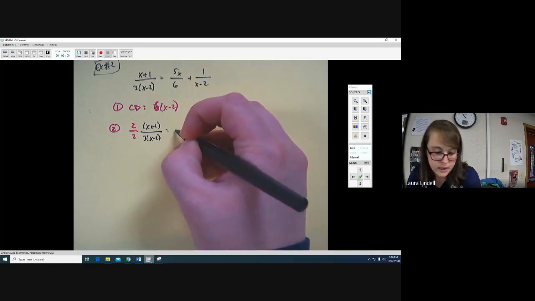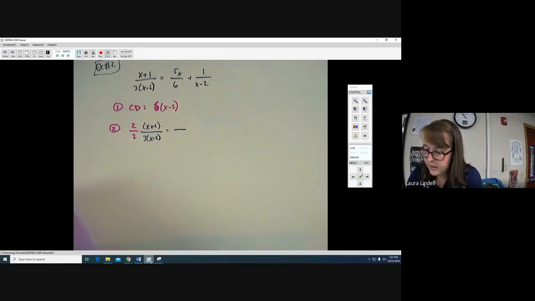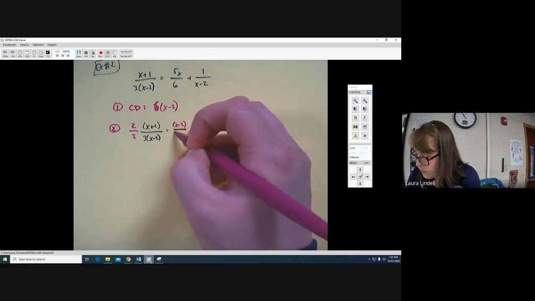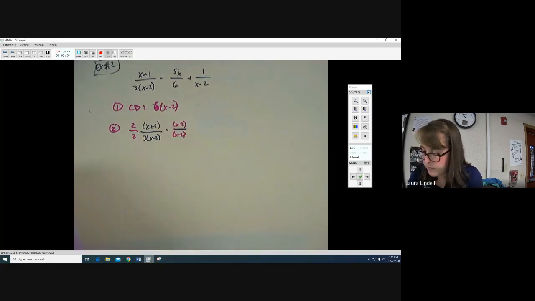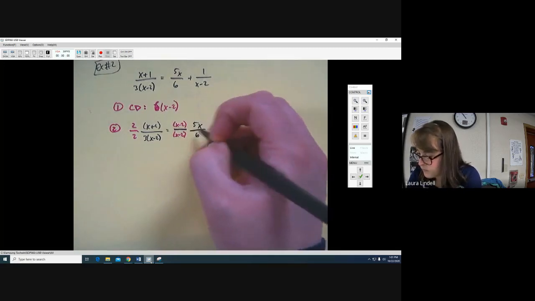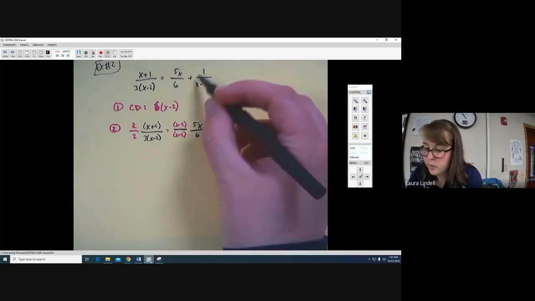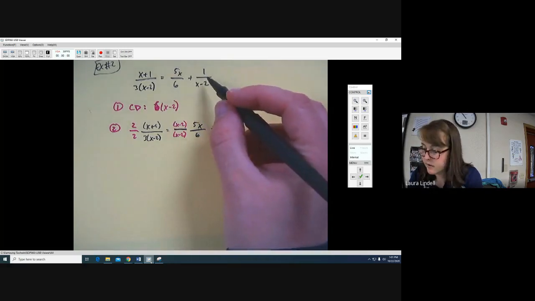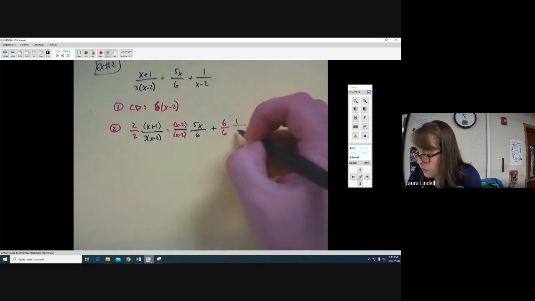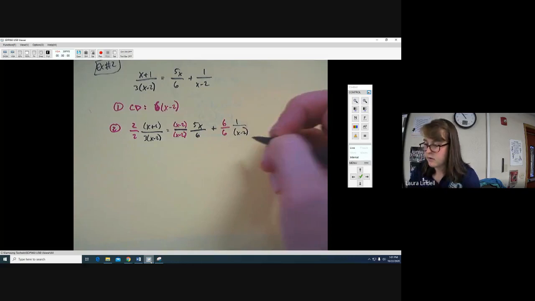So I'd be multiplying on the top and the bottom by x minus 2. And then this one just needs the 6. So we'd be multiplying 6 over 6 times 1 over x minus 2.